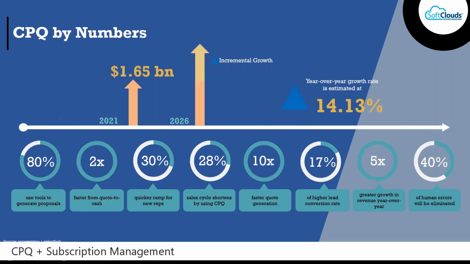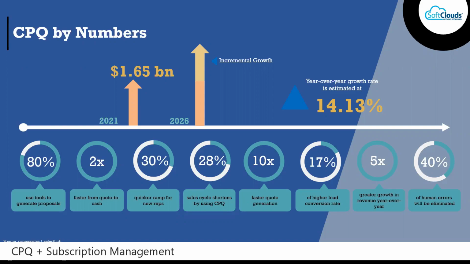So when we look at CPQ, we'll see that there's a tremendous number of situations where CPQ comes into play. 80% of companies use some type of tool to generate proposals and quotes.